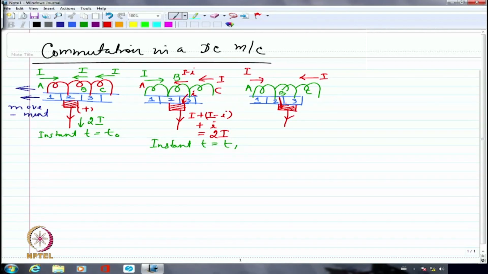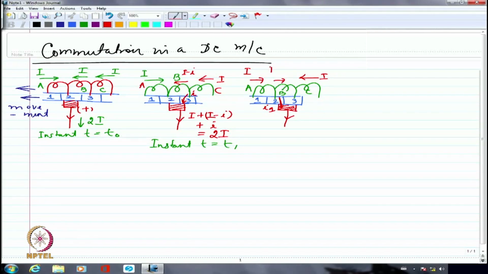Let me call that small I1. The total current in coil A was I. Some I1 has already gone into the brush, so what will flow here will now be I minus I1.